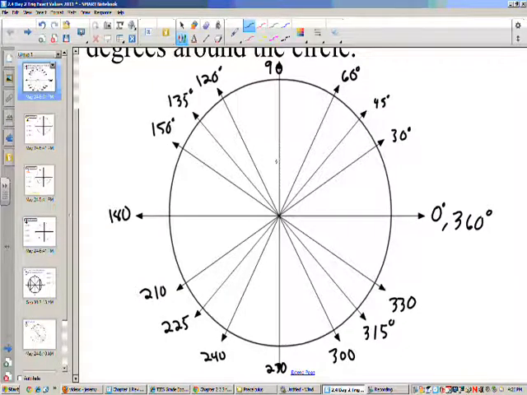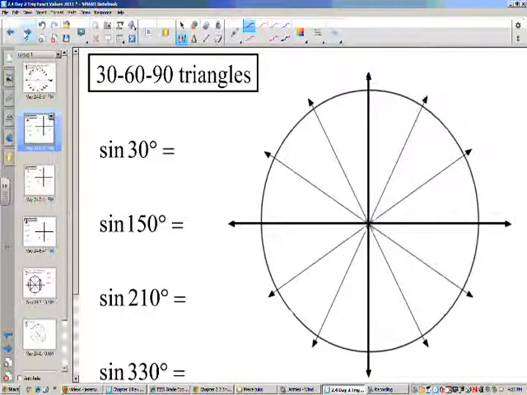All right, now that we know our angles, let's break it down and let's just look at the 30, 60, 90 triangles. Now if I wanted to find the sine of 30 degrees is right here. Now if this is a unit circle, the hypotenuse is just going to be 1, because the length of the radius around the entire circle is always going to be 1.